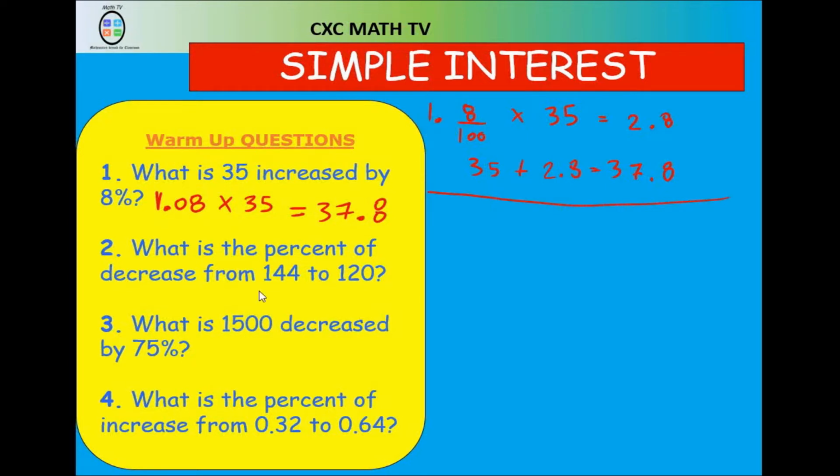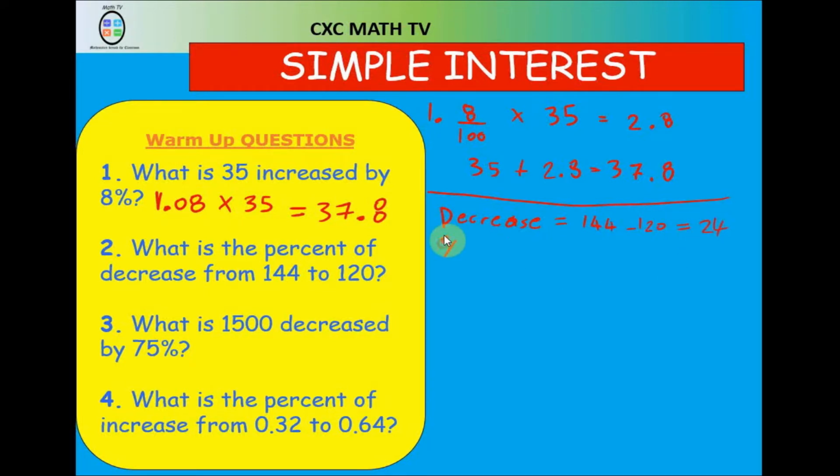Secondly, number 2. What is the percent decrease from 144 to 120? So the first thing some persons might do is find out what the decrease is. The decrease is 144 minus 120, which is 24.